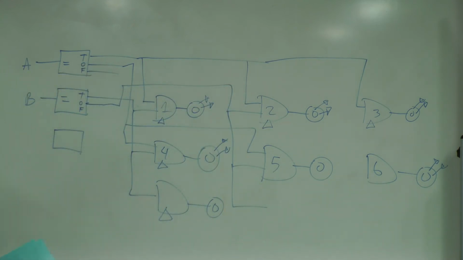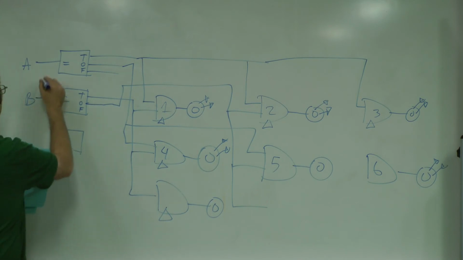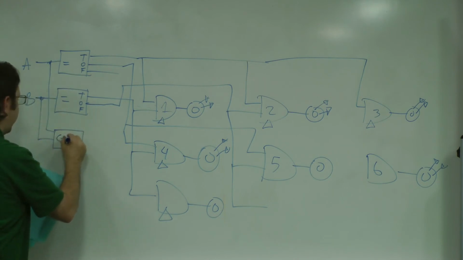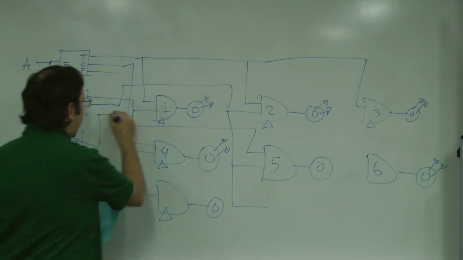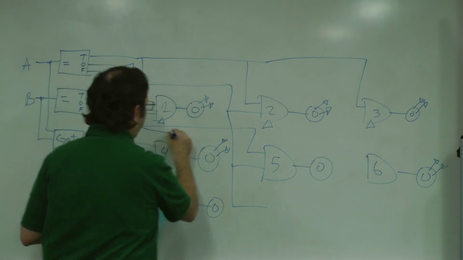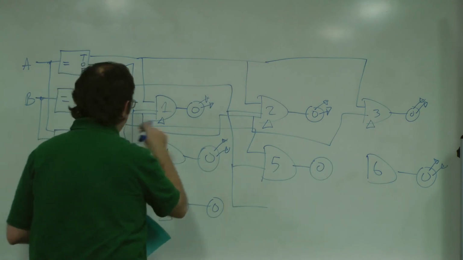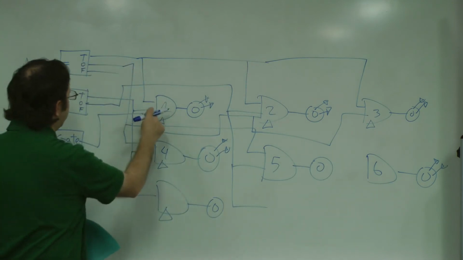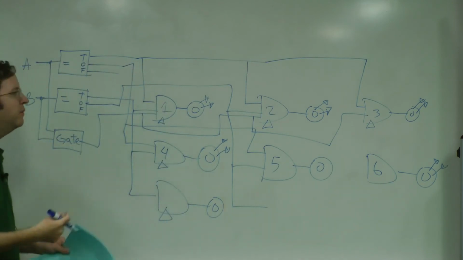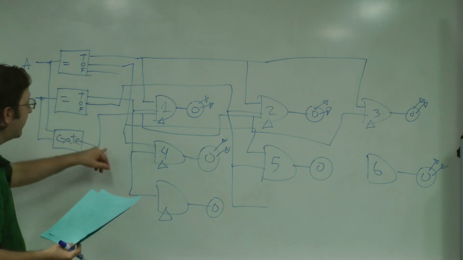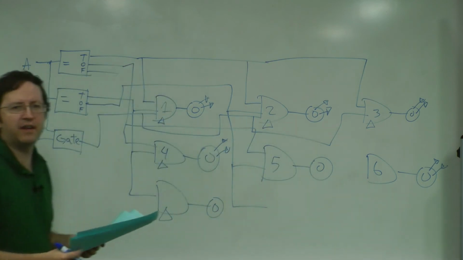And then I put the gate right here, and that would go into the third part, into all of these other AND gates, so that if this is true and these two came out to be true, this would come on as true, and so on and so forth for each of the lights.